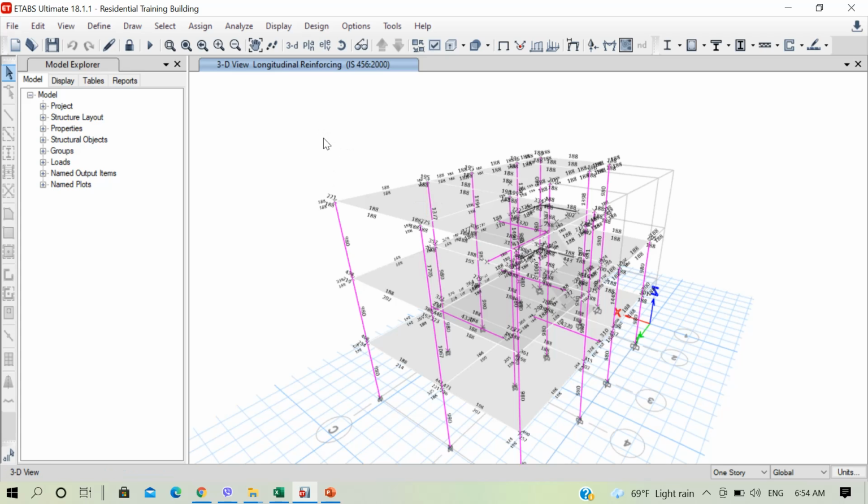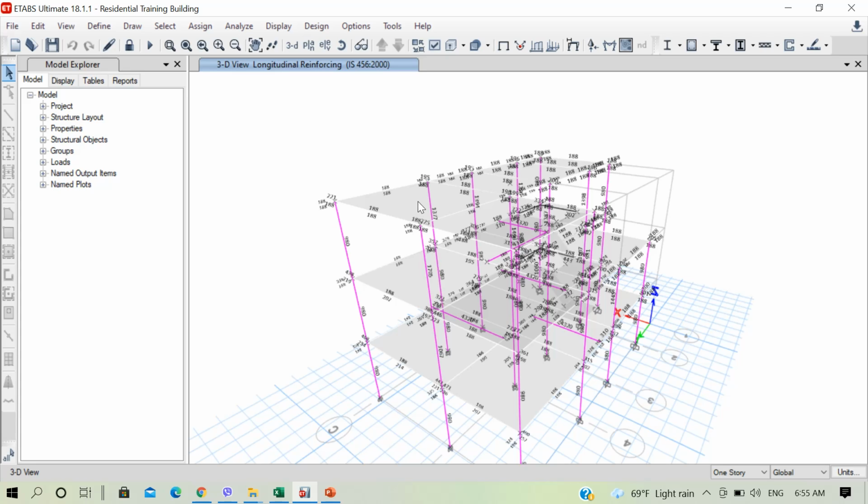Before doing that, what I did during this design is that I changed the cross section of columns, because if you remember, during our previous lecture we were getting only the minimum reinforcement for columns.